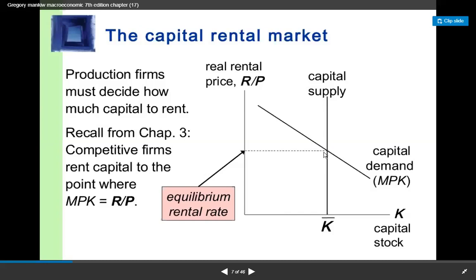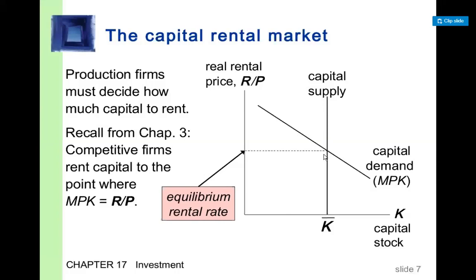Then here, capital supply equals capital demand. Here, demanders are competitive production firms. Suppliers are rental firms.